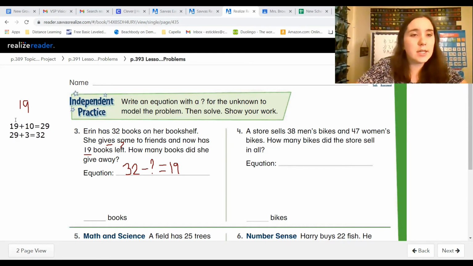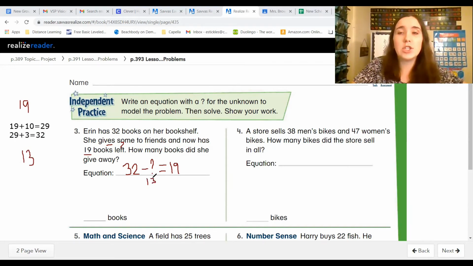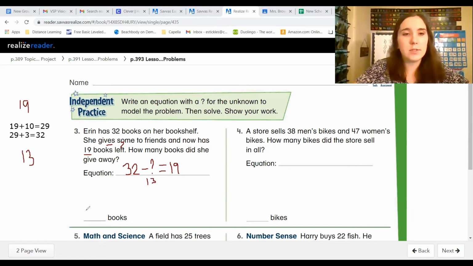I started at 19 and then I added 10 and then I added 3 more and that got me to 32. Well, 10 plus 3 would equal 13. So that means that I added 13. So she gave away 13 books. She started with 32 books. Then she gave away 13, so now she has 19 left. So our answer is 13 books.